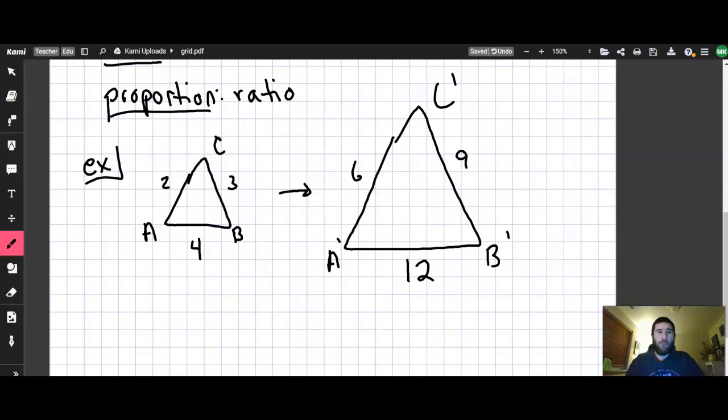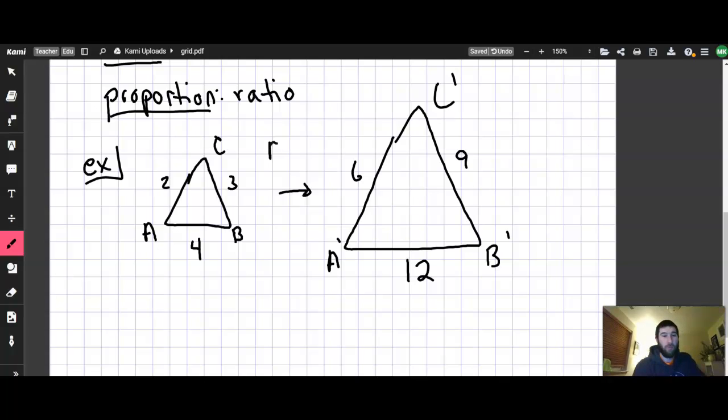What's the ratio between the two shapes? Well, you could probably guess just by matching up the points and matching up the sides, which are corresponding points and sides, that we are getting 3 times bigger.